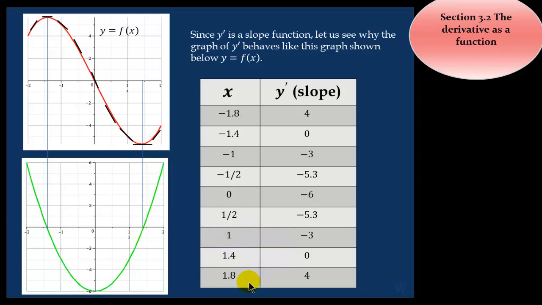And if we go past 1.4, say 1.8, the slope now becomes positive again. So you have a y value occurring above the x-axis. So the graph now appears above the x-axis past 1.4.